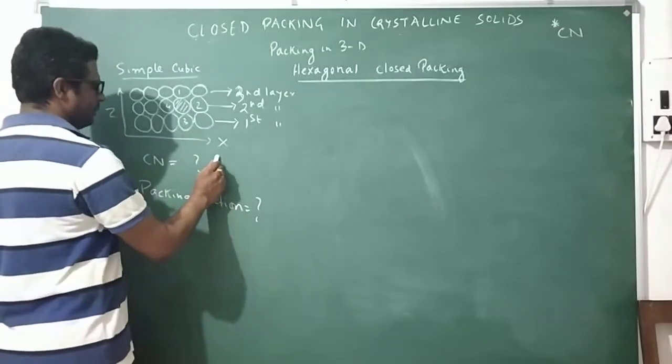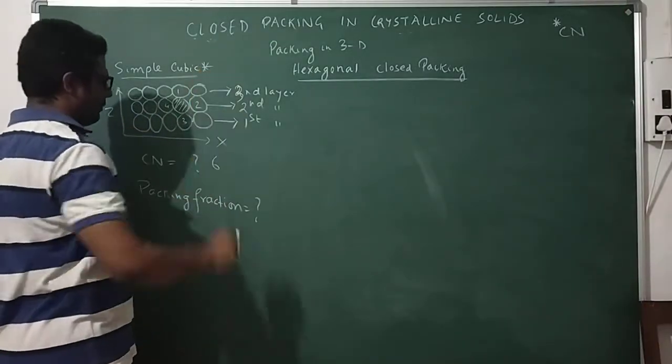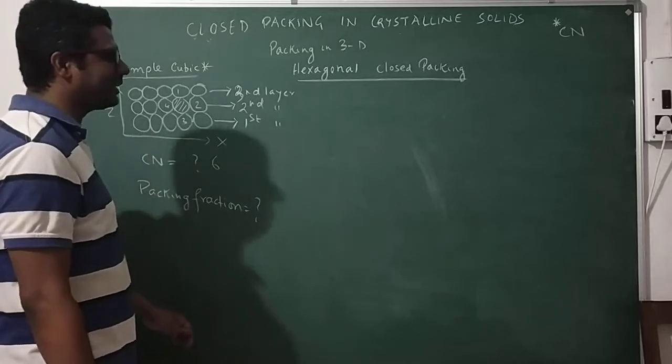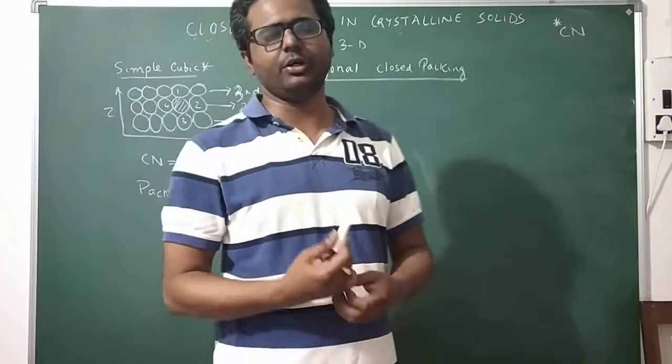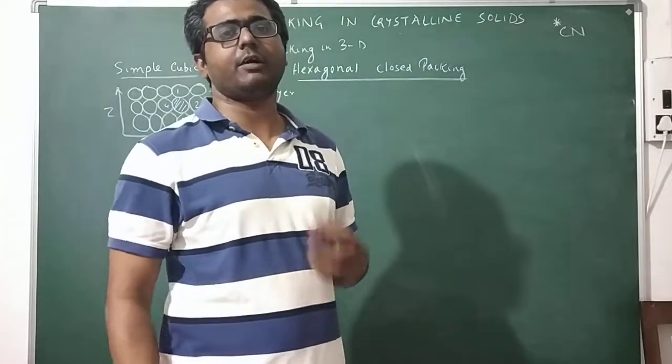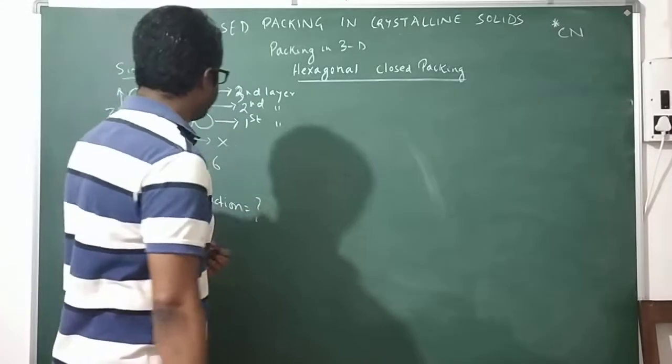So coordination number will be 6 in case of simple cubic type of packing. What will be the packing fraction? Just now we did, in the last video, that the packing fraction of the simple cubic type of lattice is 52%.